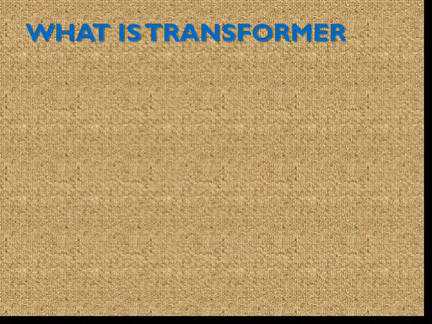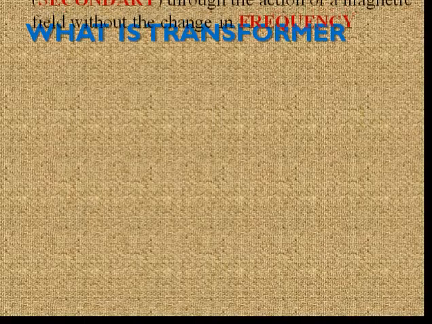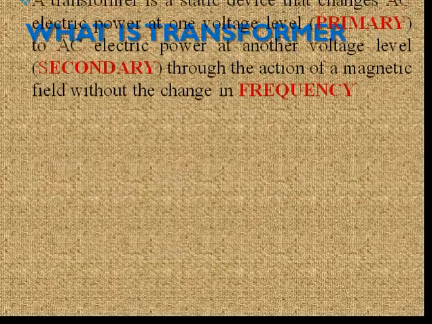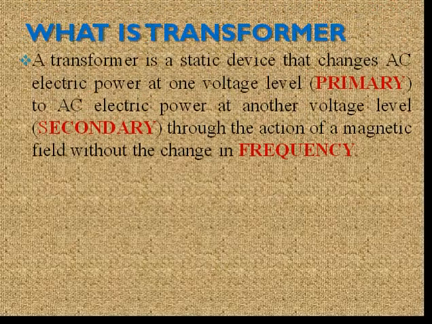Now we see each of them in detail. In the first slide we see a transformer is a static device that changes AC electric power at one voltage level (primary) to AC electric power at another voltage level (secondary) through the action of a magnetic field, without change in frequency.